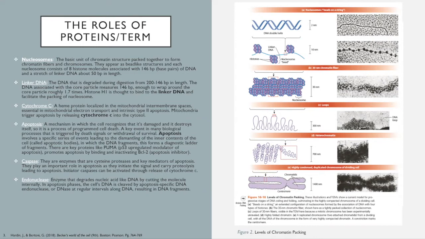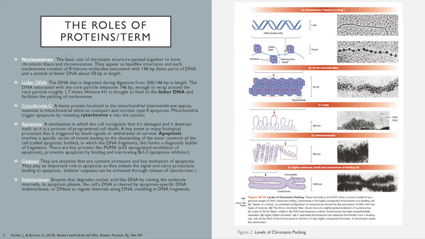The linker DNA is the DNA that is degraded during digestion from 200 to 146 base pairs in length, and the DNA associated with the core particles measures about 146 base pairs, which is enough to wrap 1.7 times around the particle. The histone H1 is thought to bind to the linker DNA and facilitate the packing of nucleosomes.